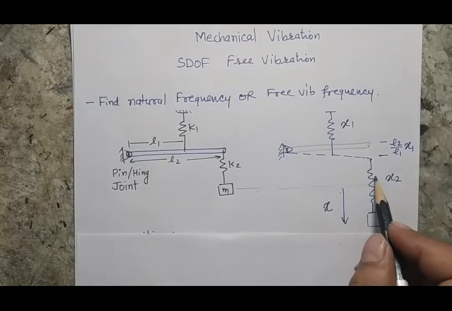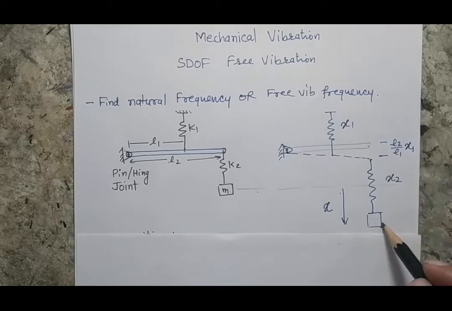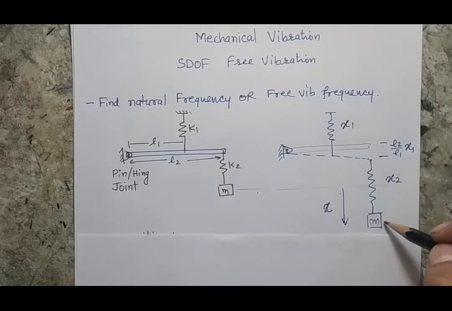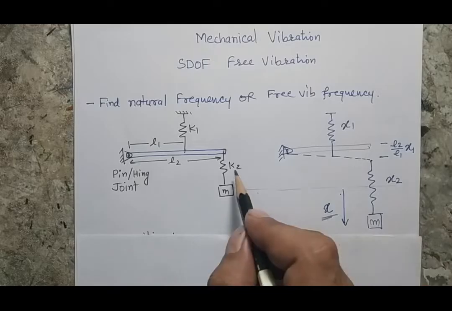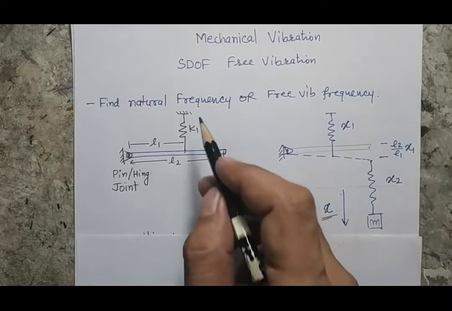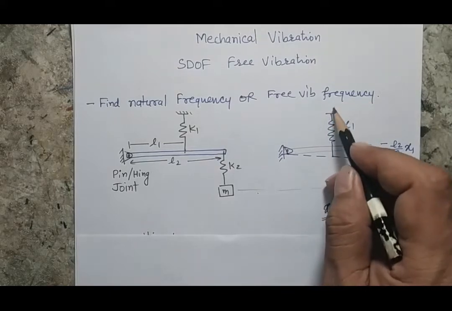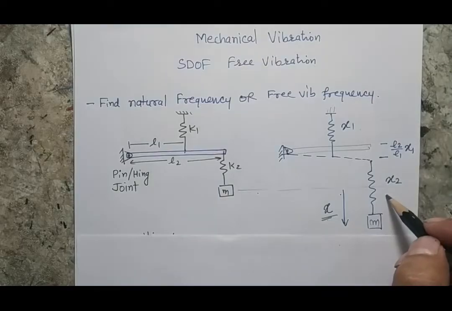So here I am showing one of the conditions of the system while the mass is vibrating. If the mass has displaced by an amount x, the x will be a combination of the deformation in this spring as well as the deformation in this spring. And how can we identify this? Suppose deformation in the top spring is x1 and deformation in the other spring is x2.